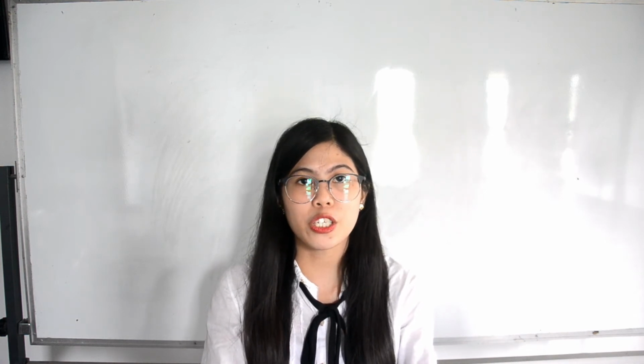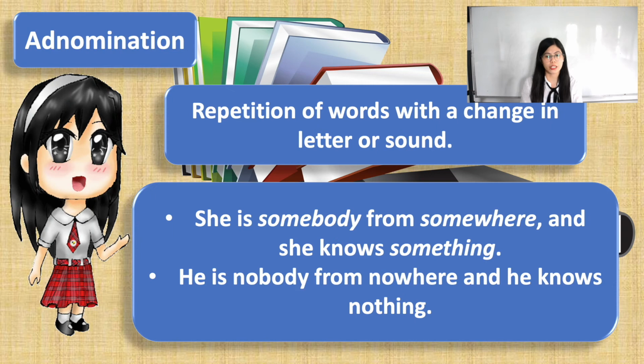Next, we have the figure of speech adnomination. It is the repetition of words with a change in letter or sound. Here, root words are being repeated. Example: she is somebody from somewhere and she knows something. As you may notice, the root word some was repeated with some changes in letter and sound.